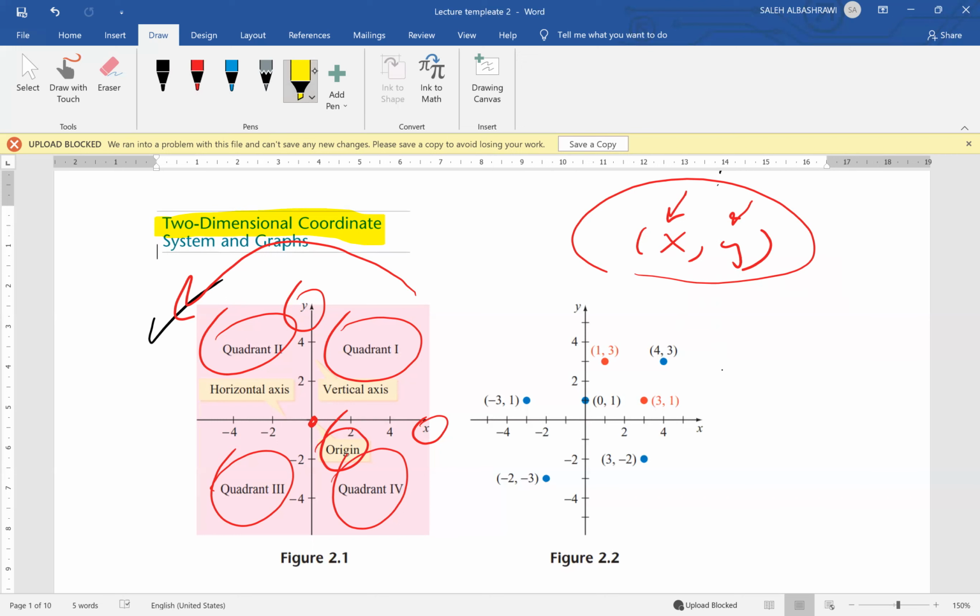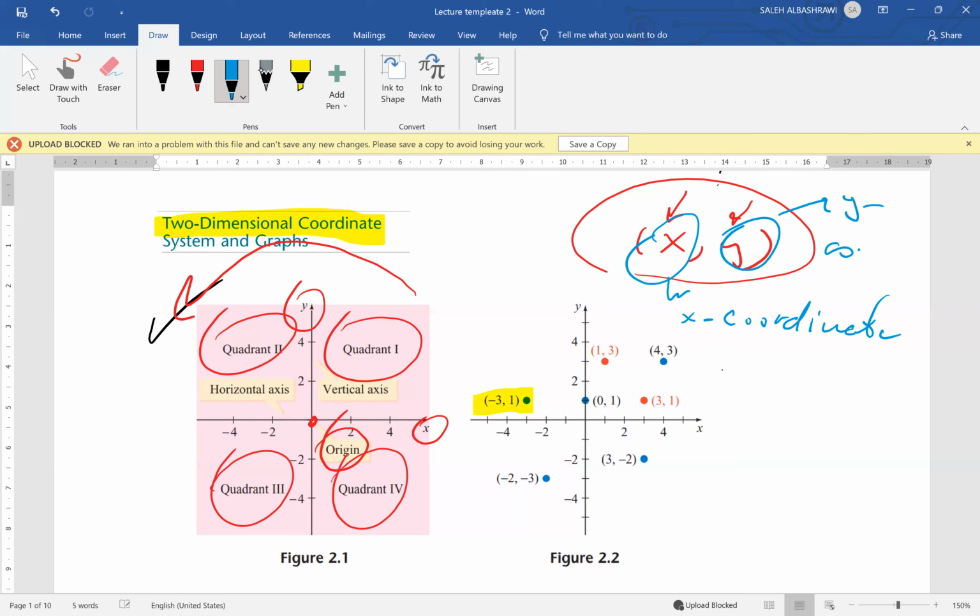For example, we have this point, minus 3 and 1. It is a point on the xy plane. The first value we call the x coordinate, and the second one we call the y coordinate.